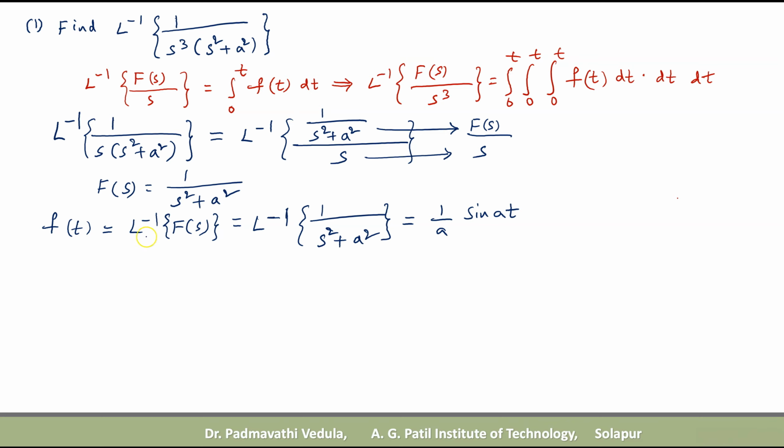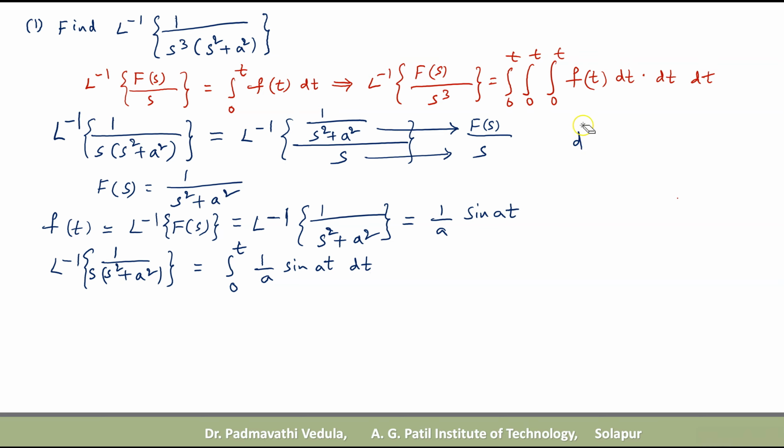Now L inverse of f of s by s, L inverse of 1 by s into s square plus a square equal to integral 0 to t 1 by a sin at dt.